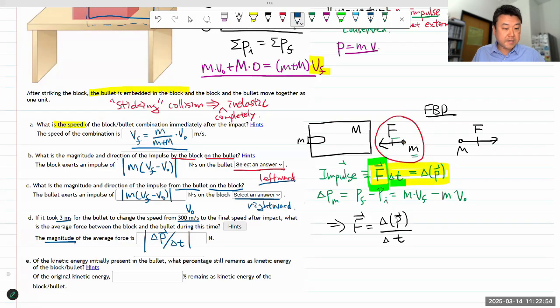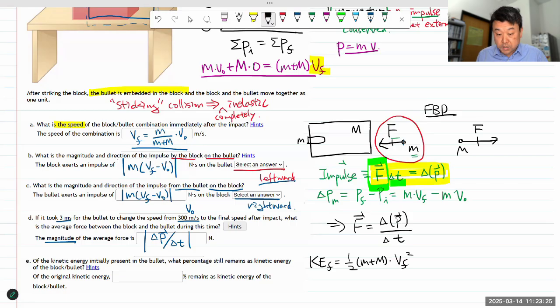Okay. Of the kinetic energy initially present in the bullet, what percentage still remains as kinetic energy of the block/bullet? Oh, okay. I think I just have to do the calculation. So I'll break up the calculation this way. I can say the final kinetic energy is going to be 1/2 the total mass, the sum of the masses, times the V final squared.